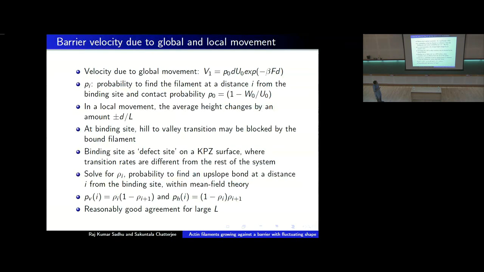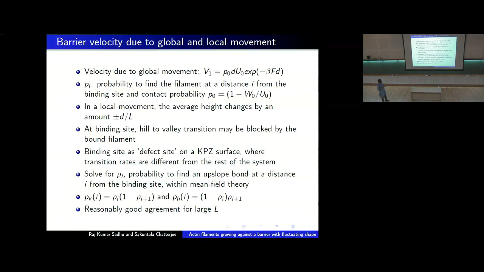If Pi is the probability to find the filament at a distance i from the binding site, you can write down the master equation for Pi and solve it in steady state recursively. And i equals 0 corresponds to the contact probability. It's very easy to show that it is actually 1 minus the ratio between the depolymerization rate and the polymerization rate for free filaments. So this is the velocity due to global movement.